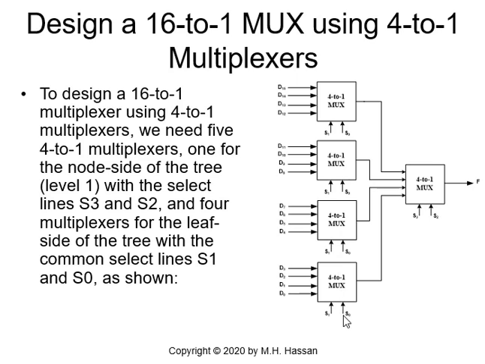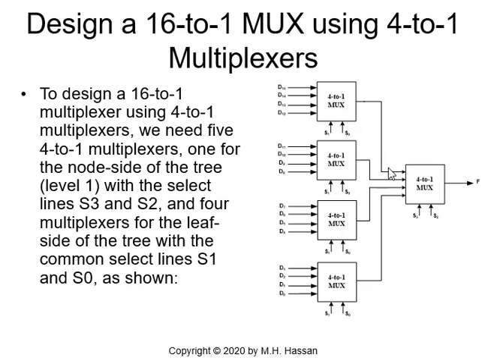Let's take an example, the select lines 1, 1, 1, 1, starting with the most significant bit. With S1, S0 being 1, 1, in each one of them we will select the upper data line, which is here D3, D7, D11, and D15.